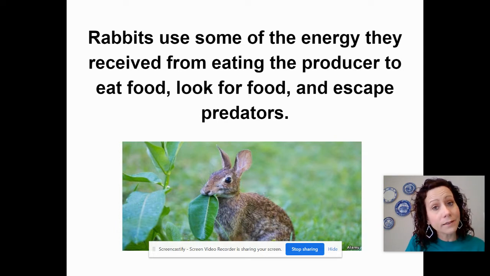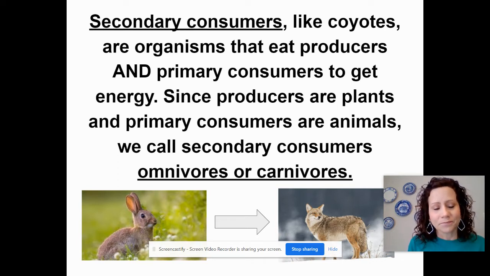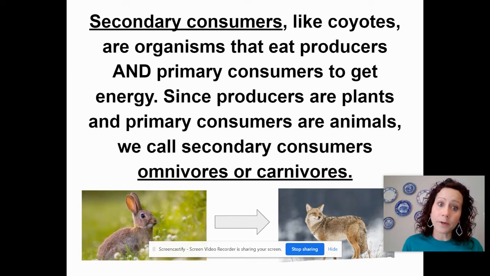So then, because they use some of that energy, when a secondary consumer, like this fox here, or coyote might come along and eat this primary consumer, it gets even less energy from that primary consumer. Because remember, that rabbit burrowed in the ground, it ran from its enemies, and it used some of that energy.